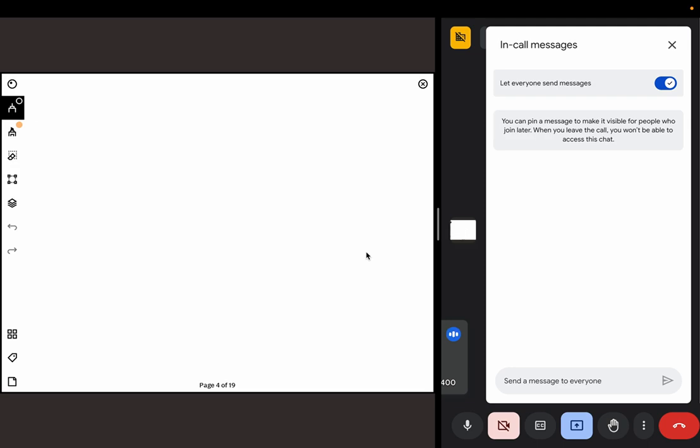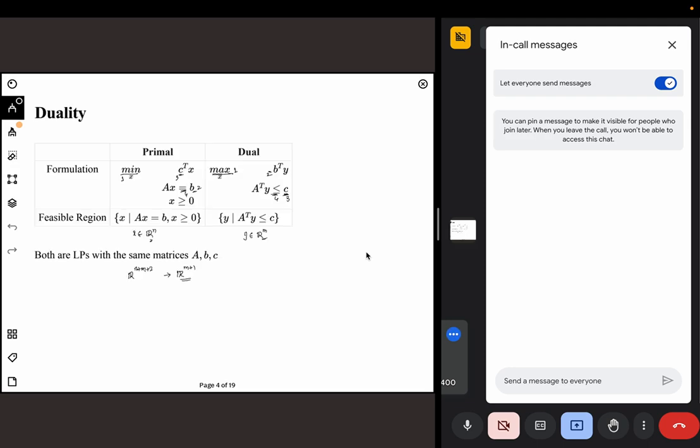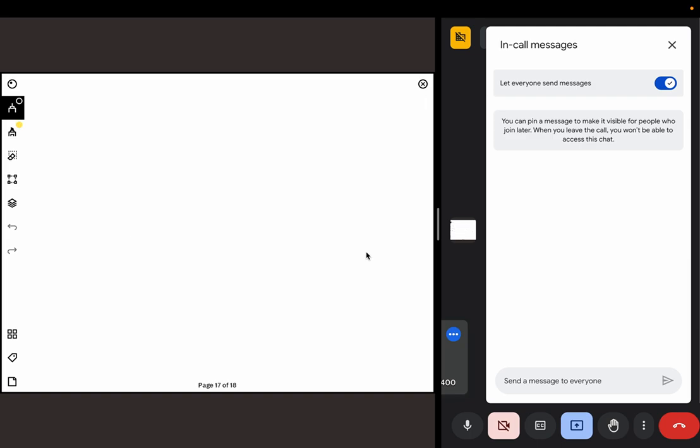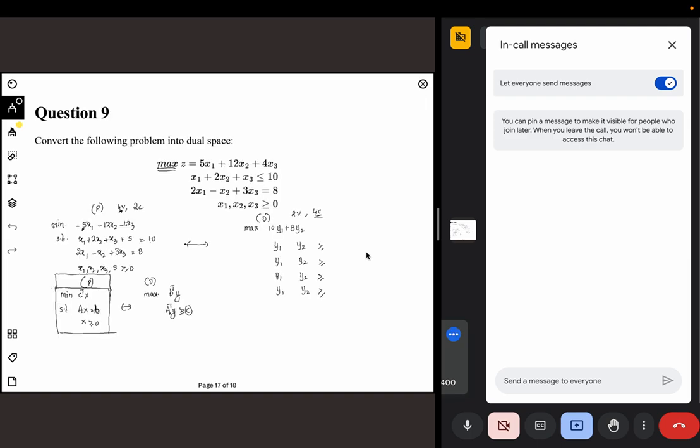Since because of the minus, it will become greater than or equal to. Yeah. So what is the c here? c is the coefficient of x, right? c transpose x. c is the coefficient of x. What is the coefficient of x1? Minus 5 here. That comes as c here.